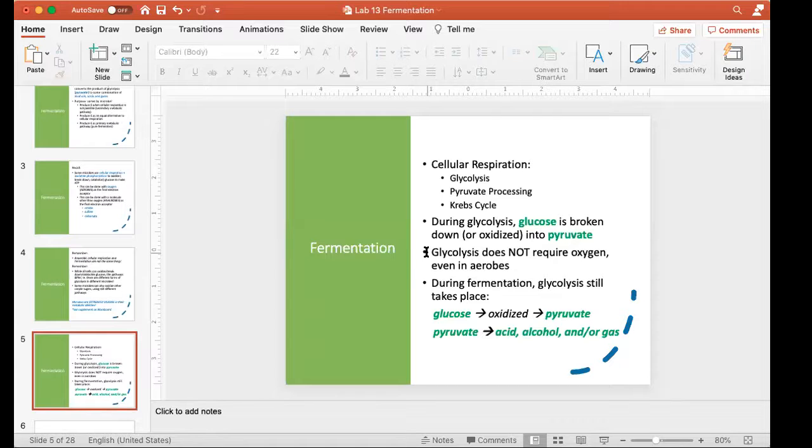This process doesn't require oxygen, even in aerobes. And during fermentation, glycolysis still takes place. Glucose goes to pyruvate, and the pyruvate is then used to make one of the three products.